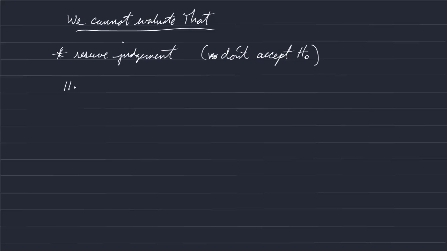So we've formulated H0, again, it was designed so that if it's rejected, we would be able to evaluate the probability of making a type 1 error.